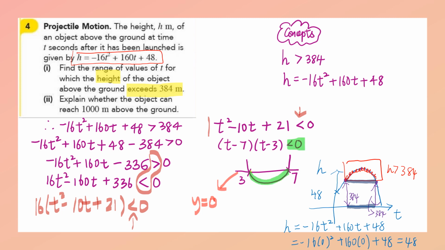So the part of the curve we're interested in is below the x-axis. And for that, the corresponding t values will come from here, which is between 3 and 7. All right, so this is how you solve this question.